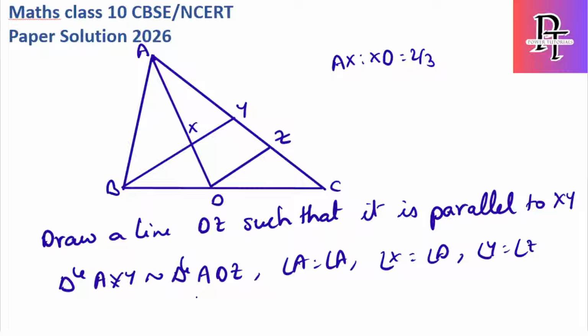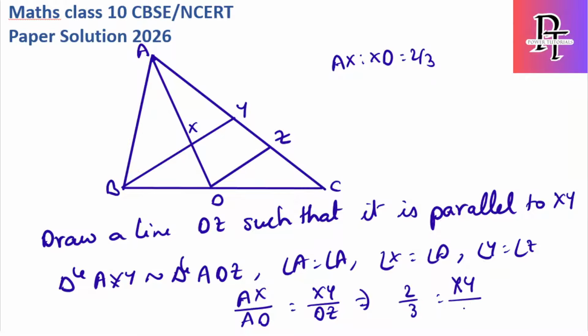Now if I write for similar triangles, the corresponding ratios are proportional. So AX by AD will be equal to XY by DZ. AX by XD we already know is 2 by 3, but I want AD.